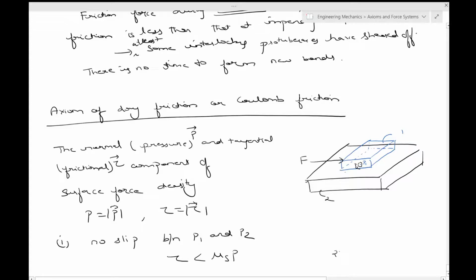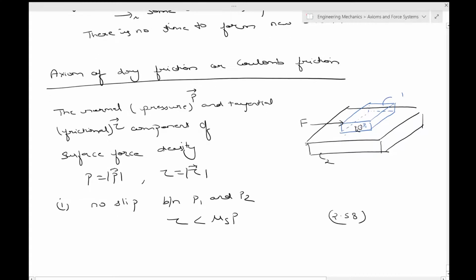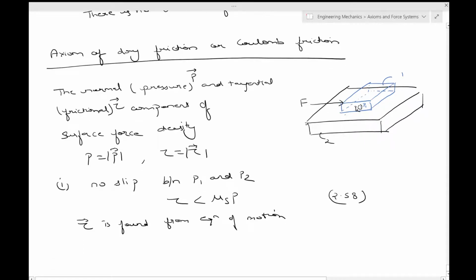This is equation 2.58. Tau is found from the equation of motion. That means you must somehow try to measure the acceleration in the tangential direction, and then you can use the equation of motion to find this.